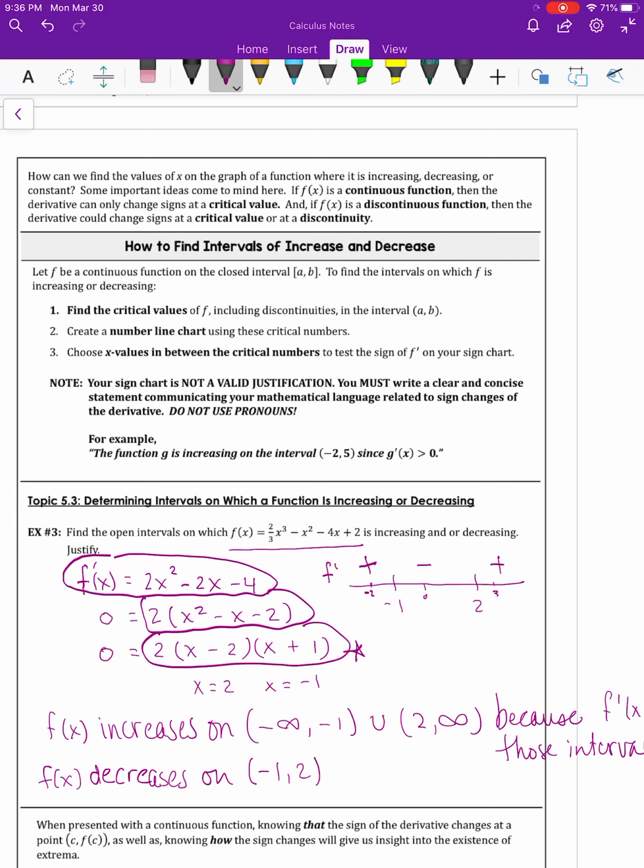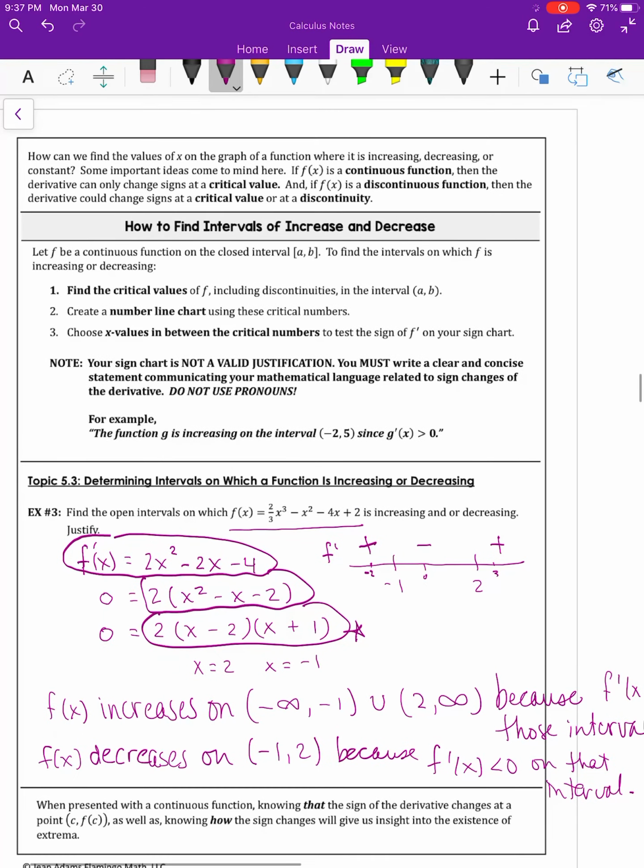And then you're going to say f of x decreases on the interval (negative 1, 2), because f prime of x is less than 0 on that interval.